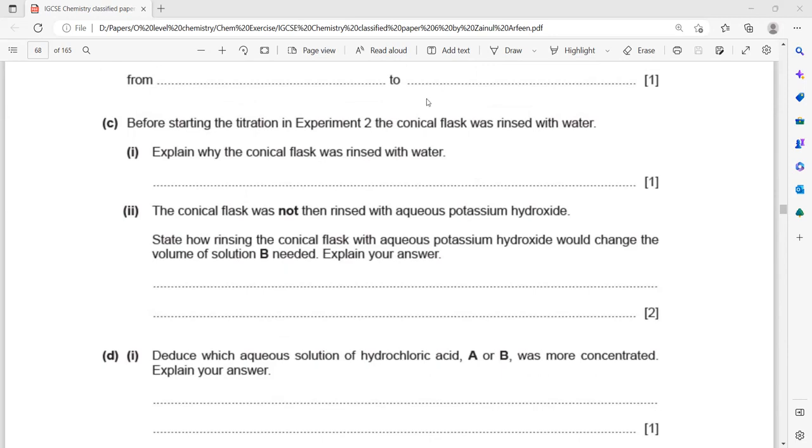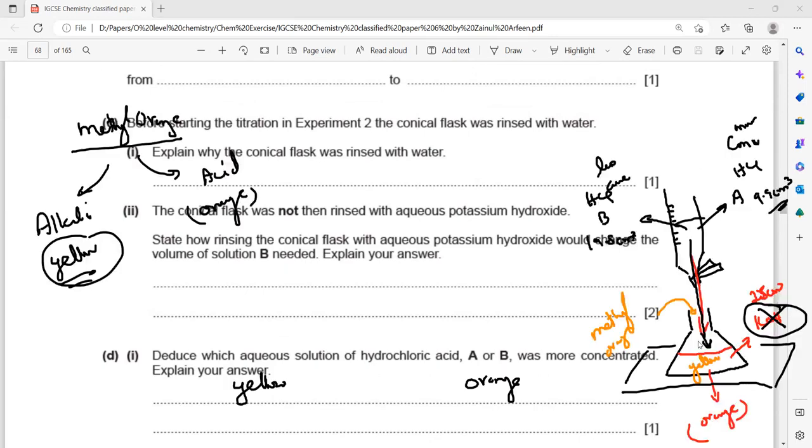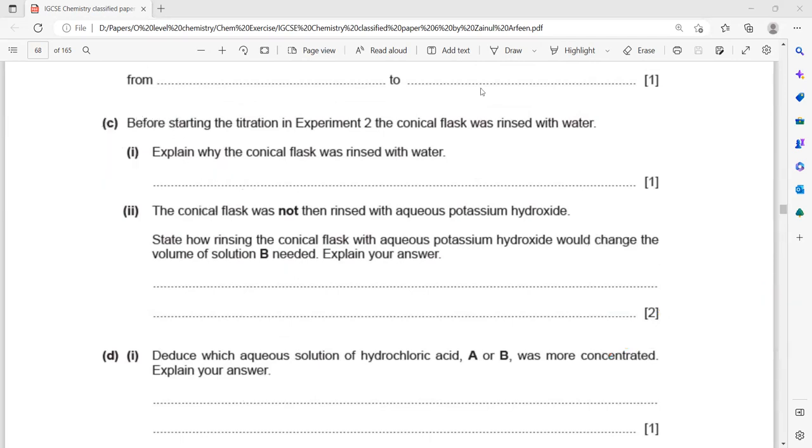If you used a conical flask in experiment 1 and want to use it in experiment 2, we rinse to remove the content left behind from experiment 1. That's why it is rinsed with water.